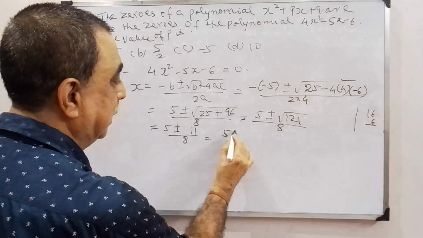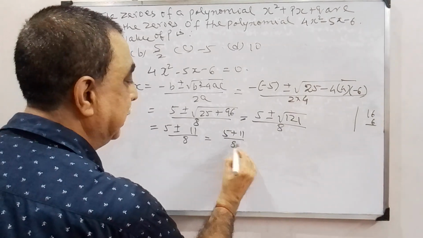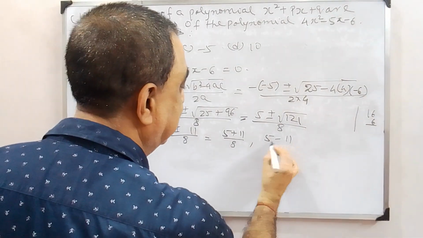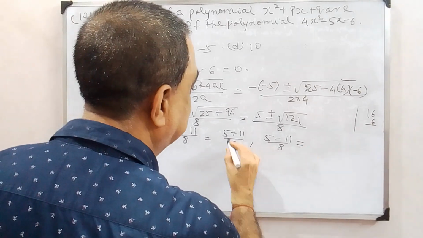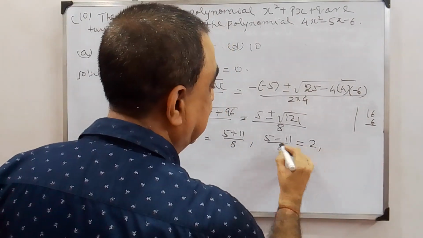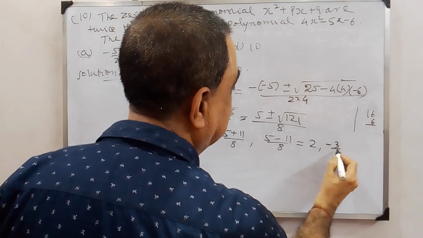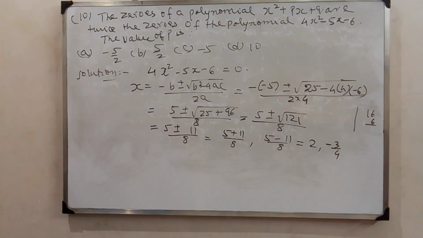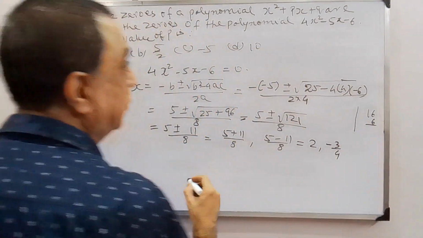So this is 5 plus 11 upon 8 and 5 minus 11 upon 8. This becomes 16 upon 8, that is 2, and this becomes minus 6 by 8, that is minus 3 by 4. So these are the roots of this polynomial equation.